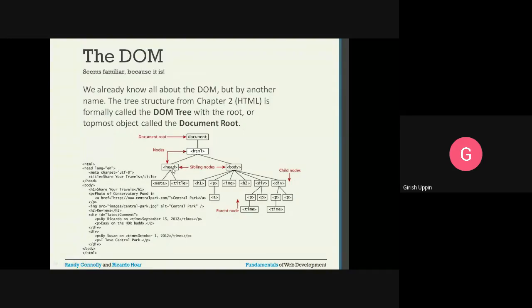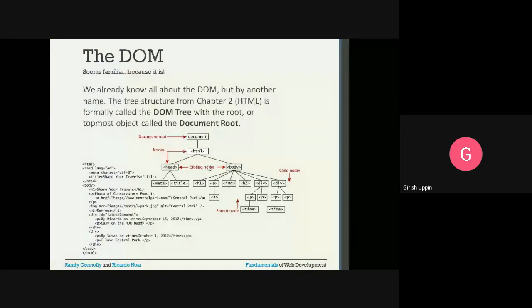And the node which is above the current node is called a parent node. For head, HTML is the parent node. So you can see here, for this anchor, paragraph is the parent node, for paragraph, body is the parent node, and so on. And the nodes which are at the same level are called sibling nodes.